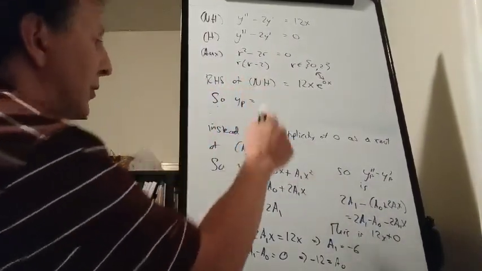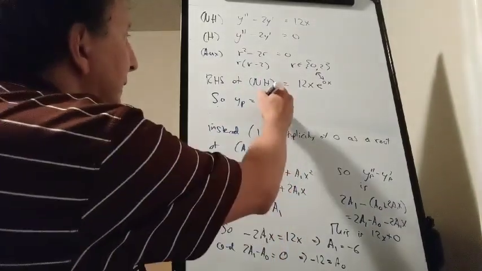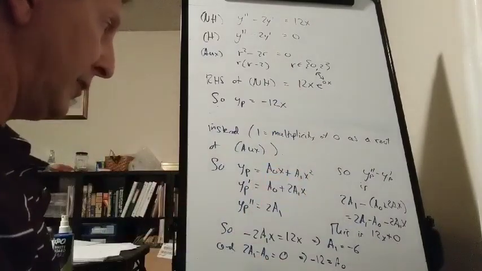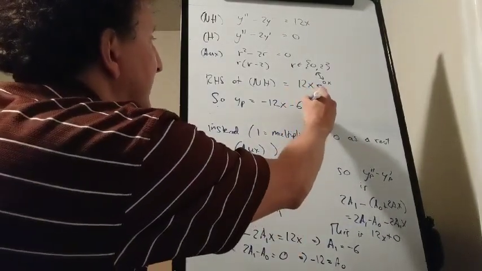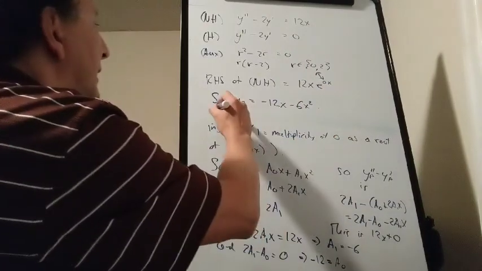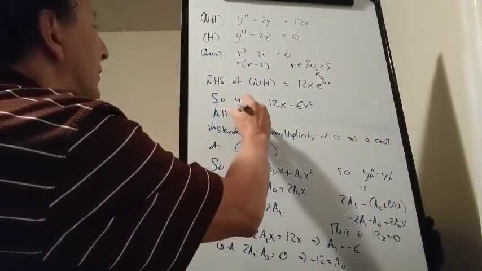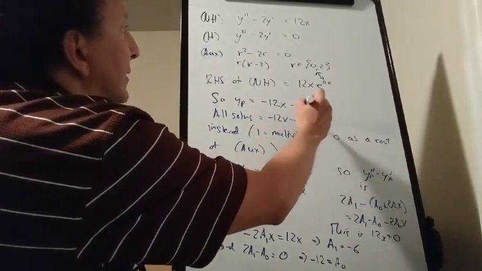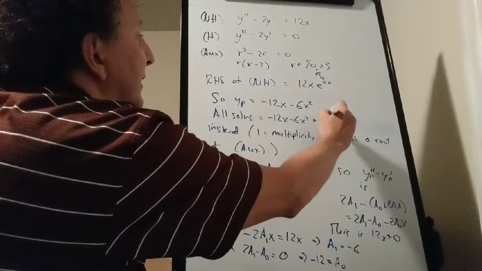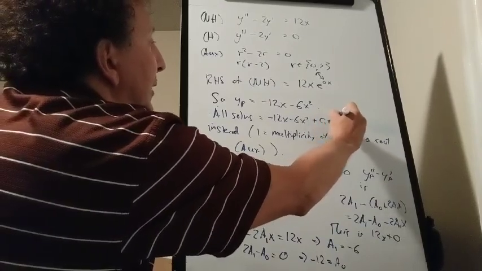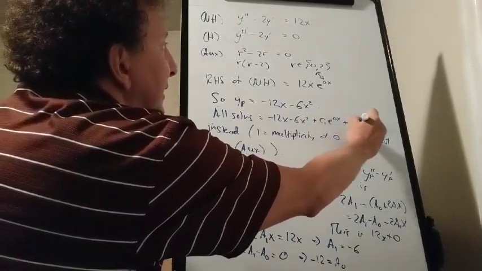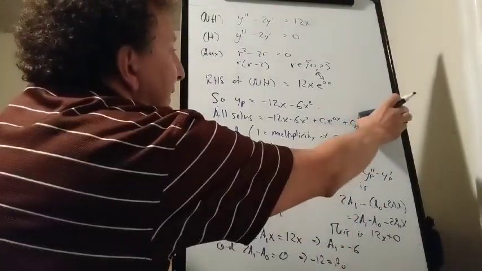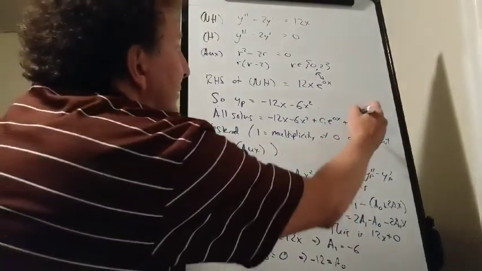So yp equals negative 12x, and a1 is negative 6, minus 6x squared. And then all solutions are negative 12x minus 6x squared plus anything e to the 0x plus anything e to the 2x.